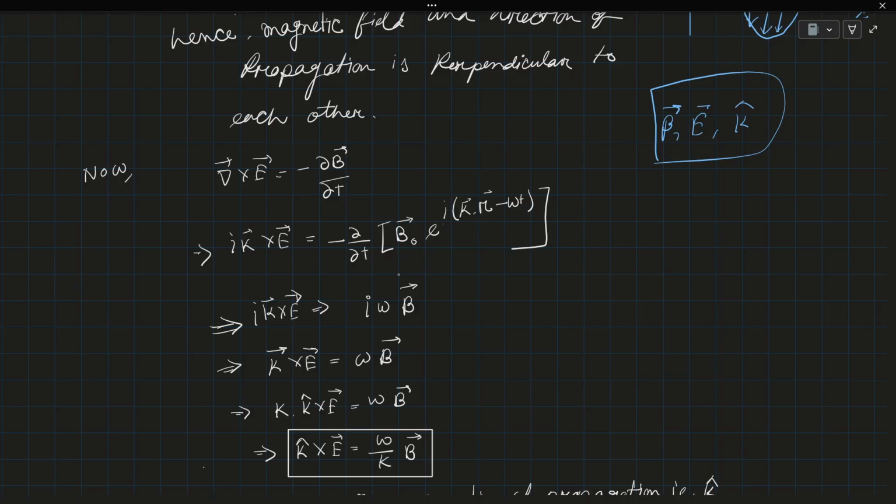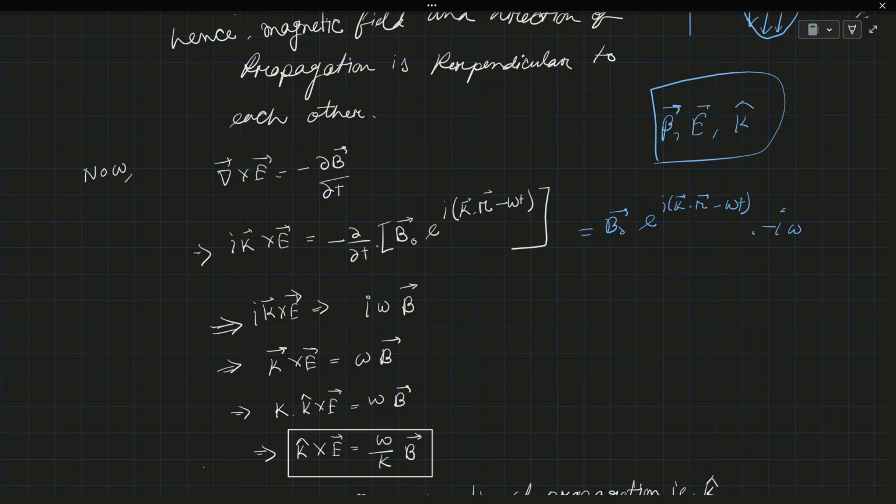There will be a minus del B by del t. B naught is constant, so it will remain as it is, and the differentiation of this term, i(k dot r minus omega t), with respect to t will be minus i omega.